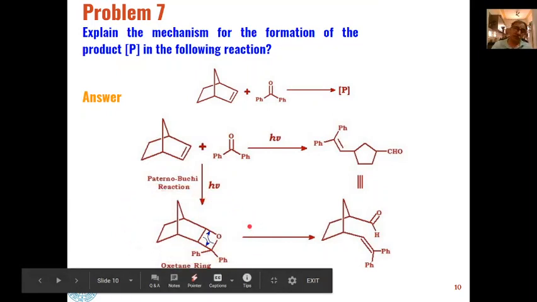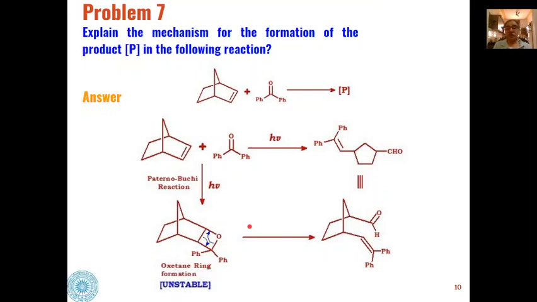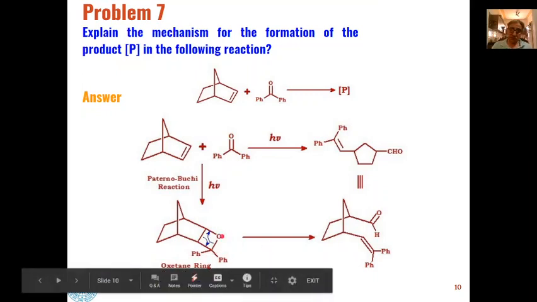Oxetane ring is formed, but this oxetane ring is unstable because of the presence of two phenyl groups, which are bigger groups, so it breaks like this: it will form a carbon-oxygen double bond, and this will form a carbon-carbon double bond. So we will get unsaturated aldehydes as the product.